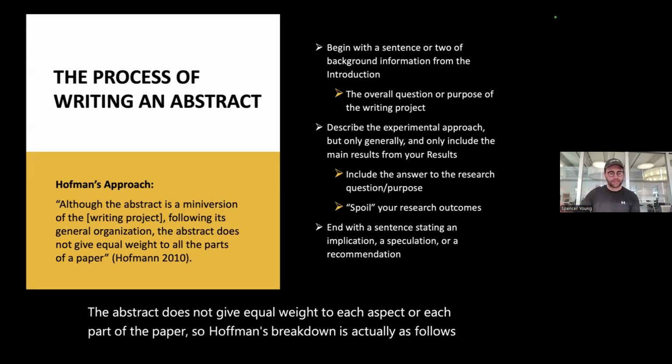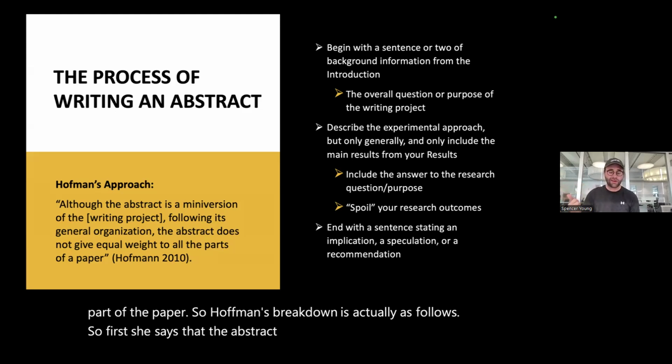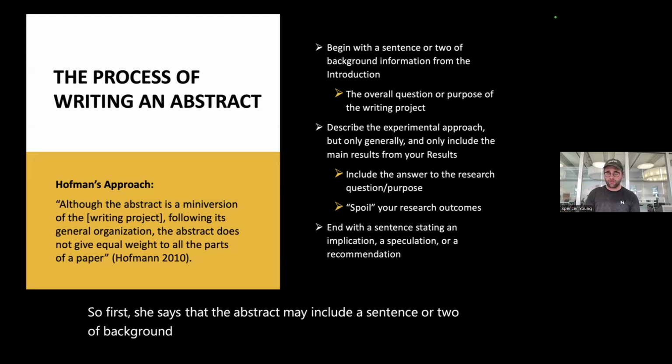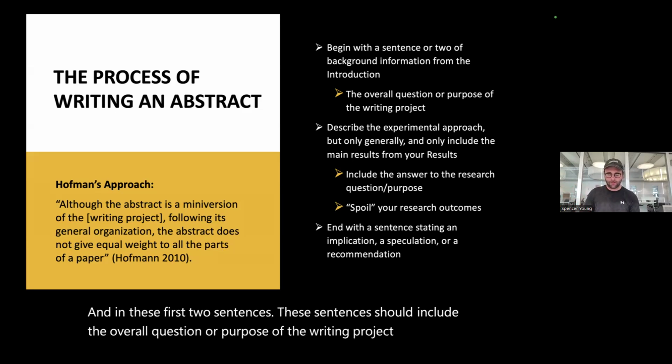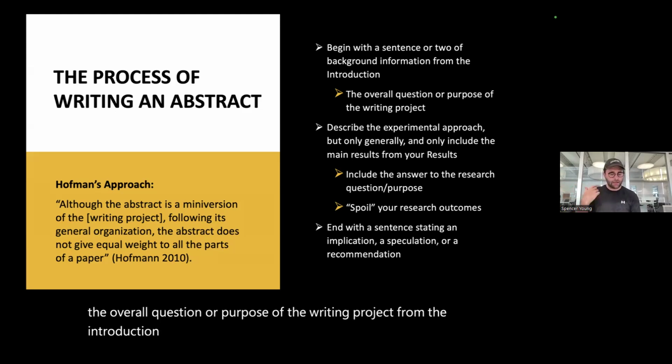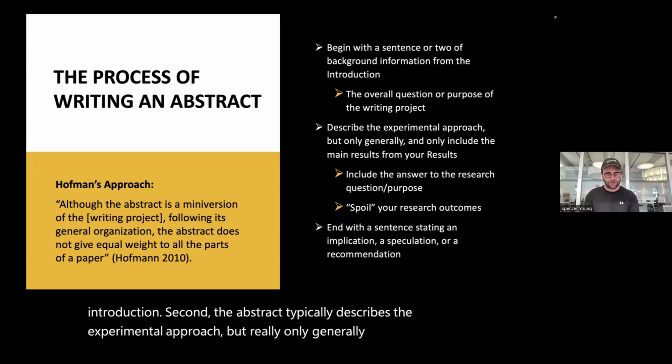So first, she says that the abstract may include a sentence or two of background information from the introduction, right? And in these first two sentences, these sentences should include the overall question or purpose of the writing project from the introduction.